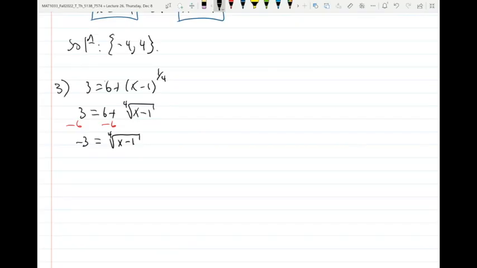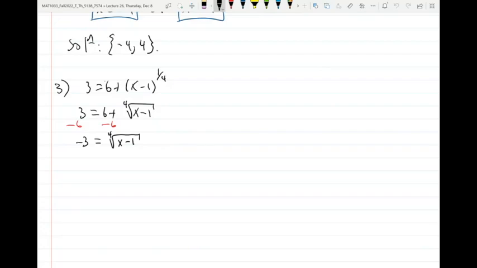Notice that whenever you do the square root of something, the result is always positive. The same thing is going to happen with any even root. A cube root is okay, but if you do a 4th root, a 6th root, when the index is even, it has to be a positive number. Because we are getting that this equals a negative, right here I can already see this is not going to have a solution.